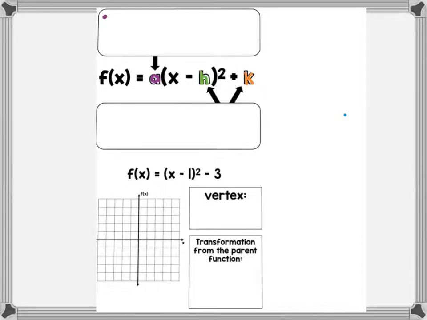if your A, the absolute value of it, is greater than 1, the graph will appear visually narrower, but the technical term for that is called a vertical stretch.